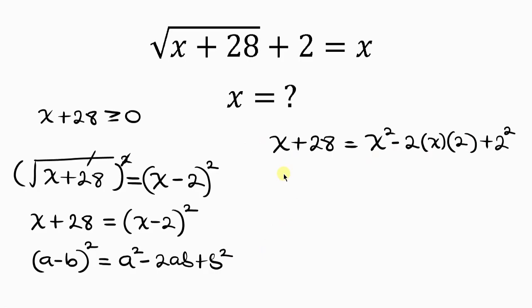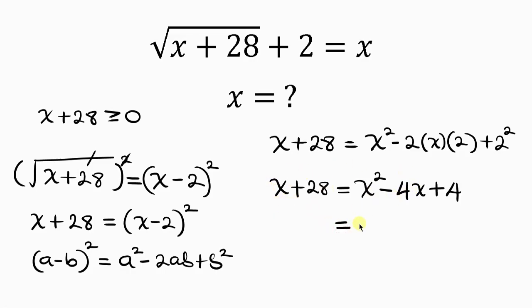Simplifying further, x plus 28 is equal to x squared minus 4x plus 4. Very good. Now let's move what we have on the left to the right-hand side.